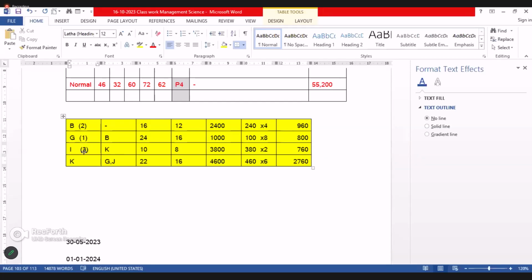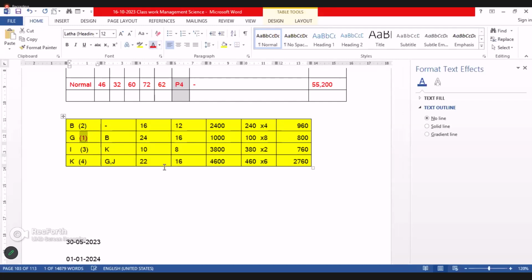This is A, our fourth priority. You will understand later why I am taking a different order here. Don't worry about that. So the first priority I am giving is G.